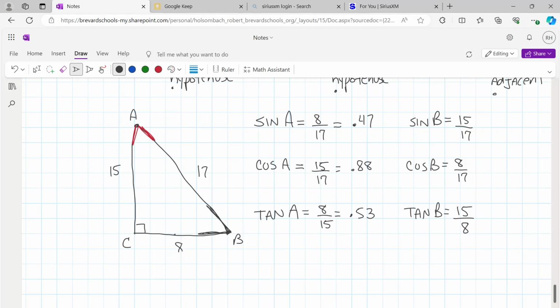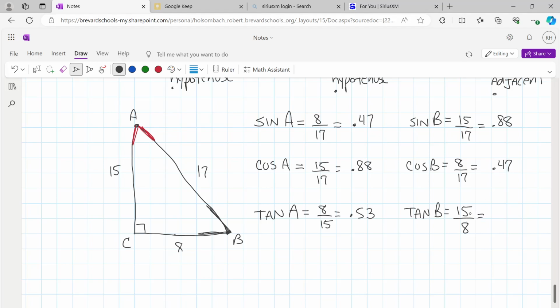So a lot of times when you're working within the same triangle, you're going to have crossover ratios, meaning the sine of angle B is equal to the cosine of angle A. So we can use the same decimal version. We got 0.88. And cosine of B is the same as sine of A, so that's 0.47.